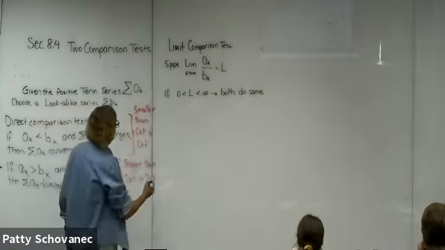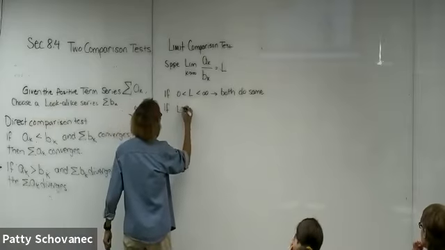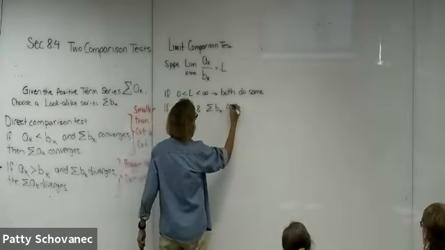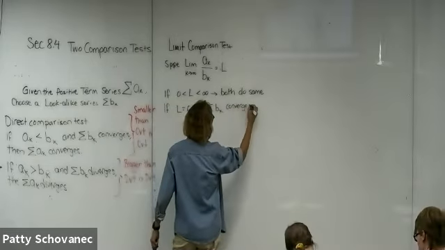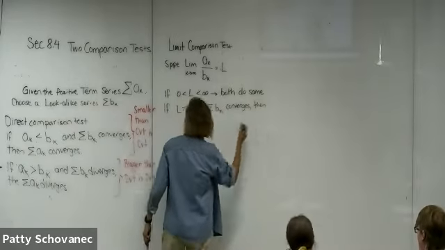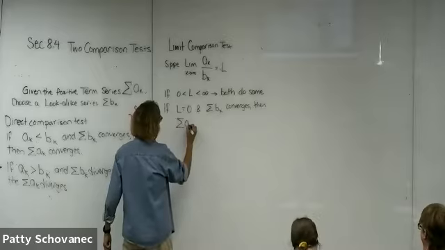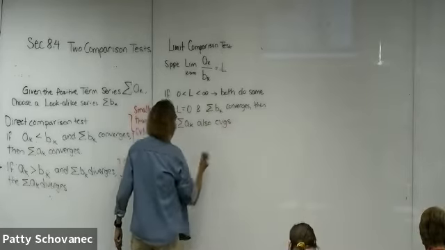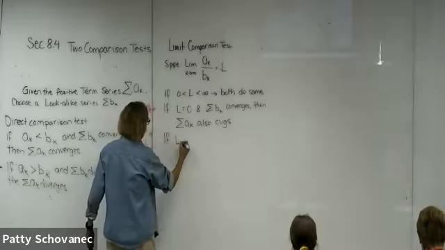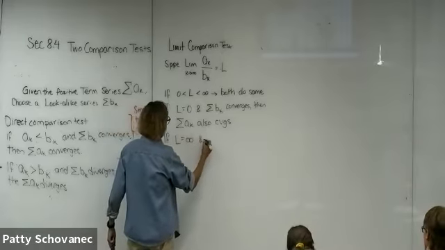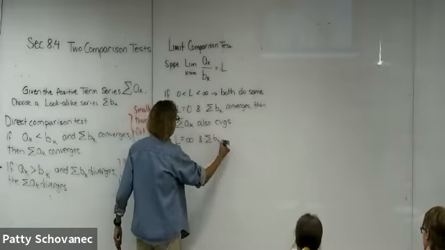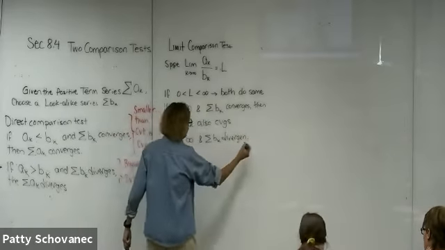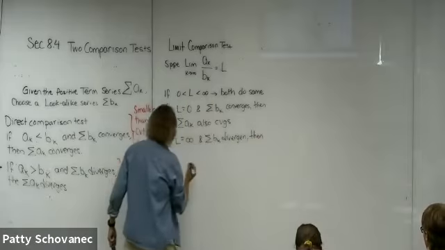If the limit is 0, and the series that looks alike converges, then the given series converges. If the limit is infinite and our given series diverges, then the series we're testing also diverges.